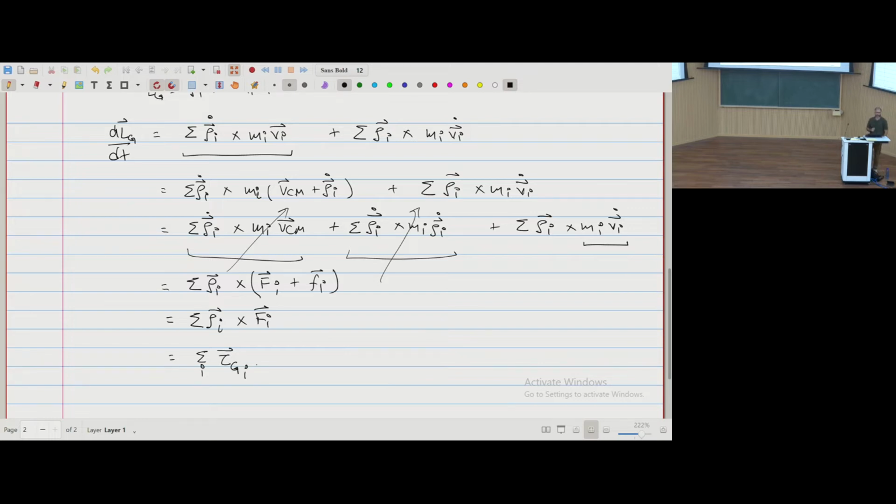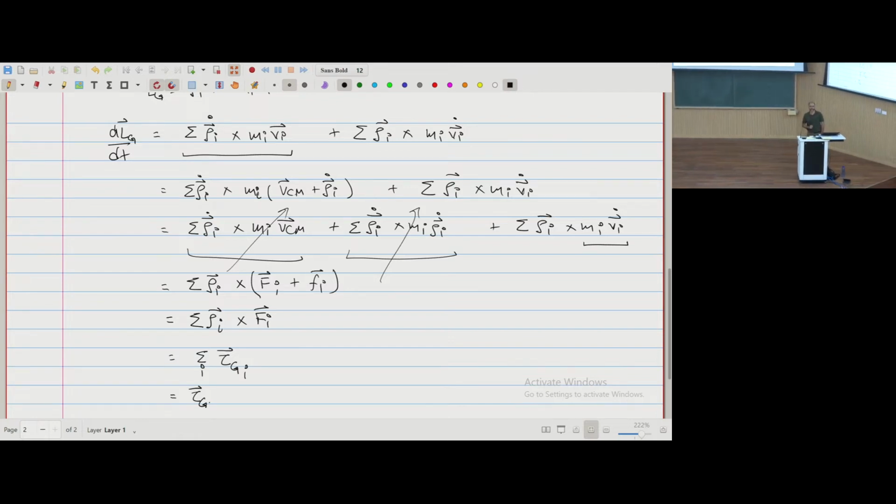So rho i cross Fi is the torque calculated about the center of mass, because rho i is the vector from center of mass to the ith particle. And we'll simply write this as torque about center of mass for the complete system. That is going to be our notation if you are working with a system of particles.